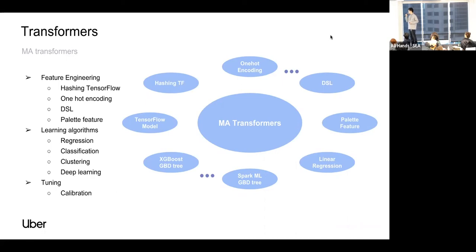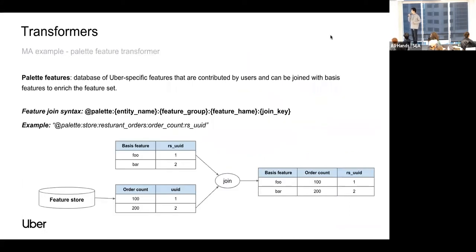We support all these kinds of estimators and transformers. The tuning ones are, for example, the probability calibration, a special transformer that we apply as a post-training step just to calibrate the predicted probabilities.